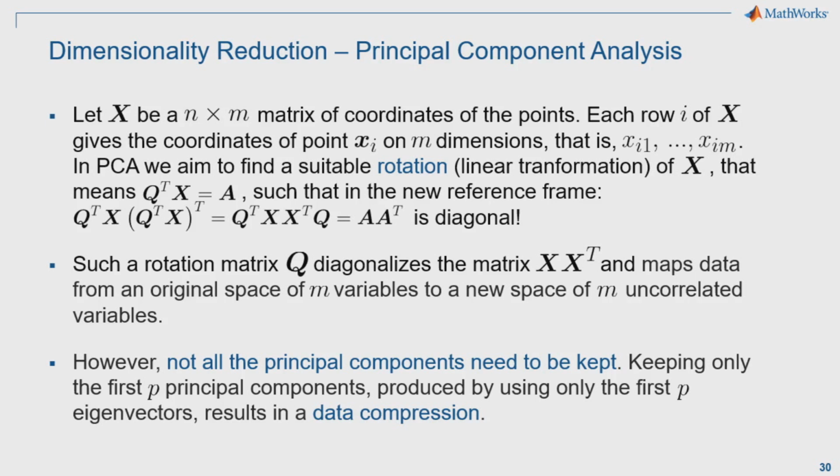And this diagonal matrix, which is A transpose in this slide, is just the combination of 2 matrices which corresponds to the projection of our data in the new axis.